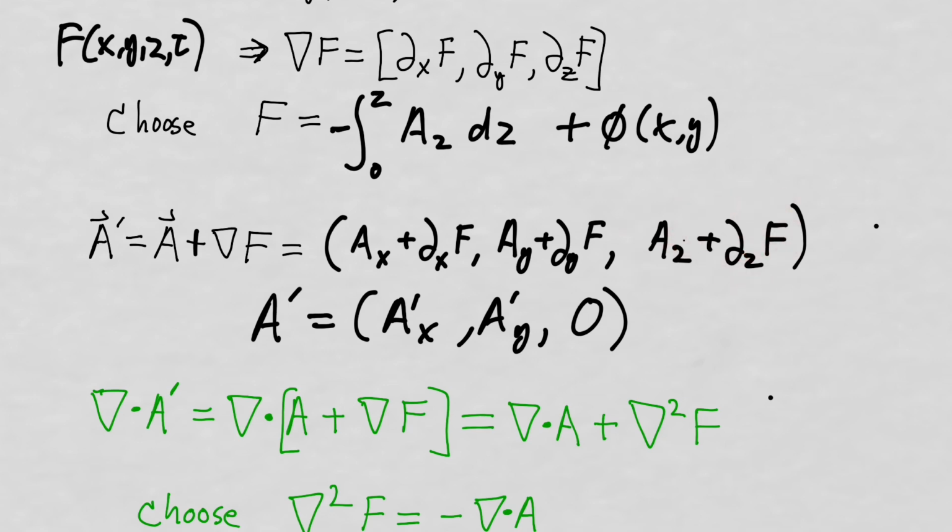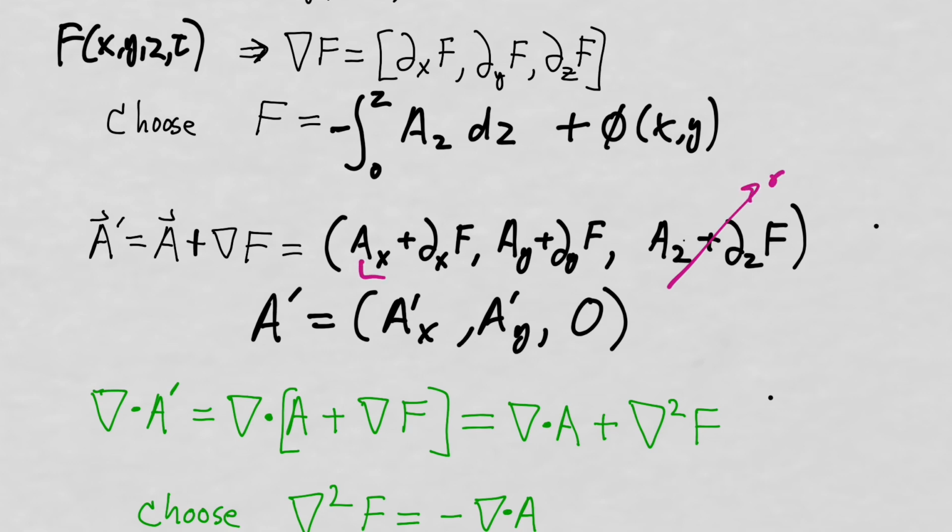But the partial derivative of f with respect to z is going to be minus Az, because of this minus sign right here that I included in the definition of f, and so that will cancel and this goes to 0.